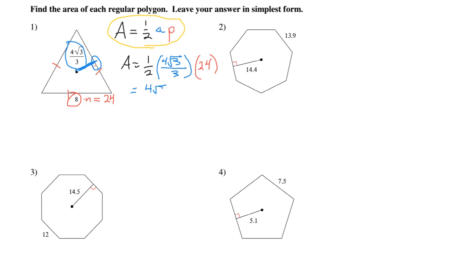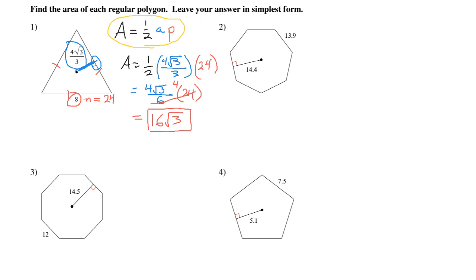That's going to leave us with 4√3 over 6, and we're multiplying that by 24. Now, one thing I'm noticing that we could do real quick here is divide that 24 by that 6. That leaves us with 4. So if we now multiply 4√3 by 4, we get 16√3 as our final area.